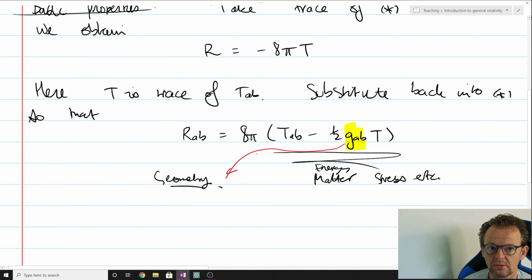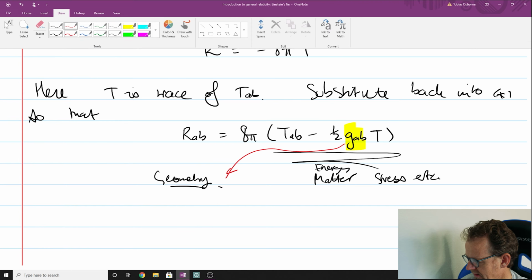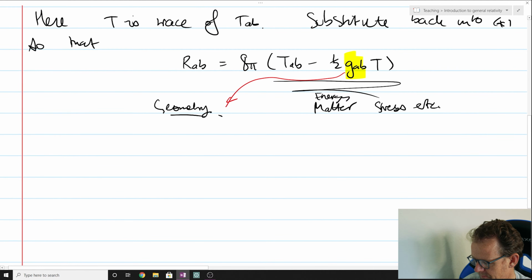So you can't really disentangle how the geometry is encoded in Einstein's field equations from how the stress energy and matter energy density and so on is encoded in Einstein's field equations. I'll say more about this later. Although this superficially looks like we've just written an equation where the geometry is totally determined by the stress energy, the information is always flowing backwards and forwards in Einstein's field equations.